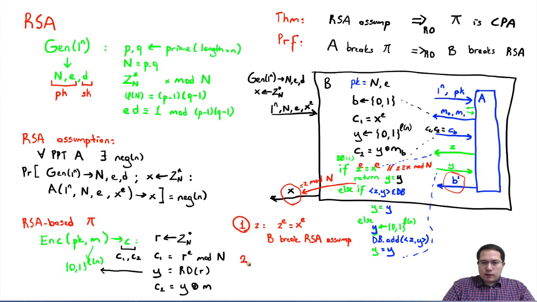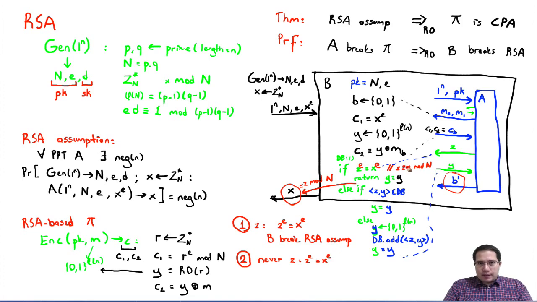The second option is that there is never such a query z such that z to the e is equal to x to the e. Now, if A never queries for a z such that z to the e is equal to x to the e, or if it is easier for you to think, you can say A never queries for x, essentially.